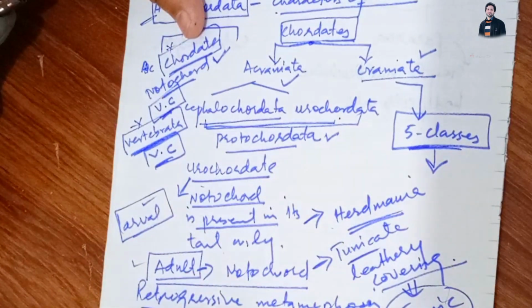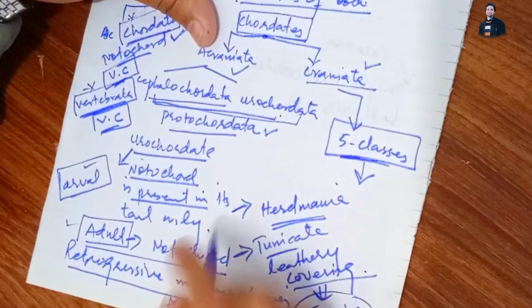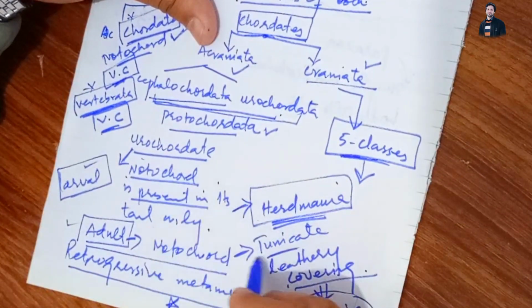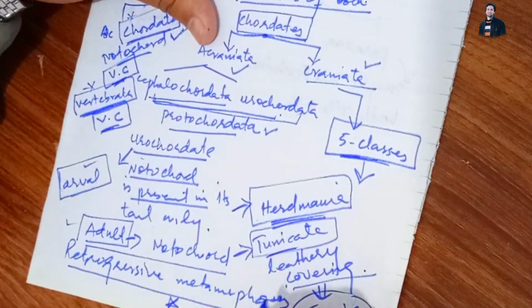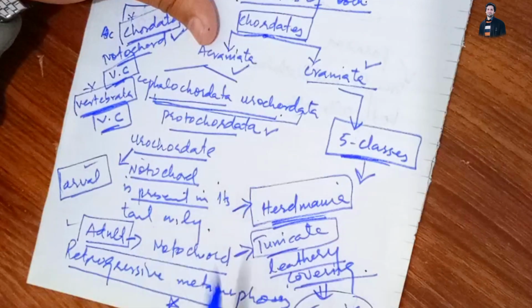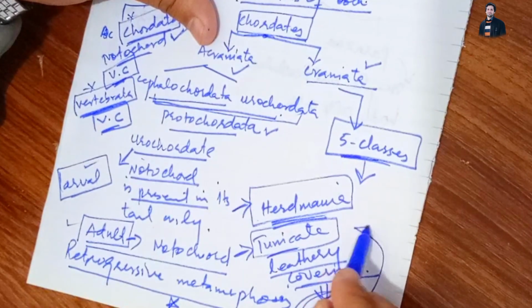Such a process is called retrogressive metamorphosis. Okay, it is also important. An example is Herdmania, and urochordates are also called tunicates because of a leathery covering. On the surface of all urochordates there is a leathery covering, which we call the tunic, and due to that covering we name them tunicates.